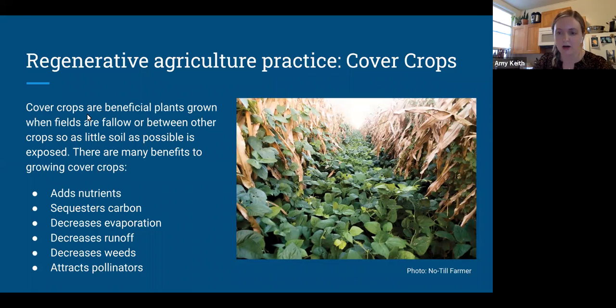Nitrogen fixers are a really, really huge class of cover crops. They also shade and protect the soil, which reduces soil moisture loss to evaporation and helps control erosion. And again, the potential to sequester carbon through the plant growth is huge here.